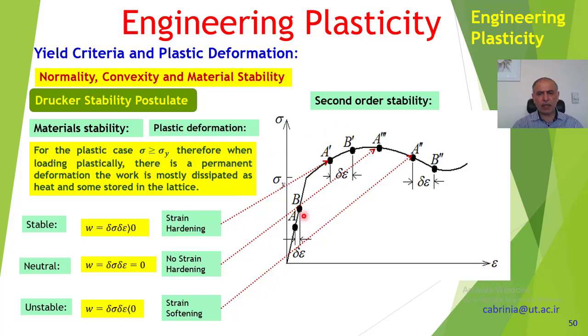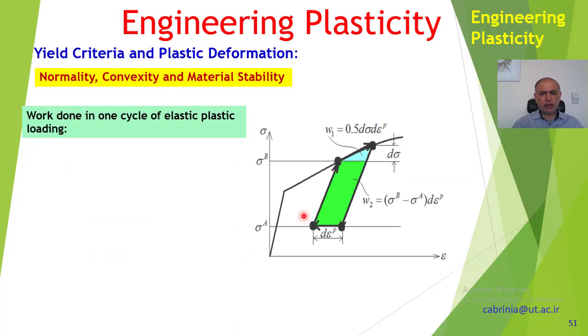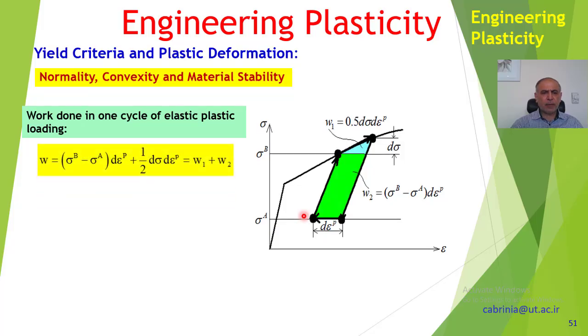That is our understanding of the material behavior in the elastic region and in the plastic region. Now let us further discuss this matter, and here we have this material which has an elastic part. Supposing we have this sigma A in the elastic region and we have this sigma B in the plastic region.